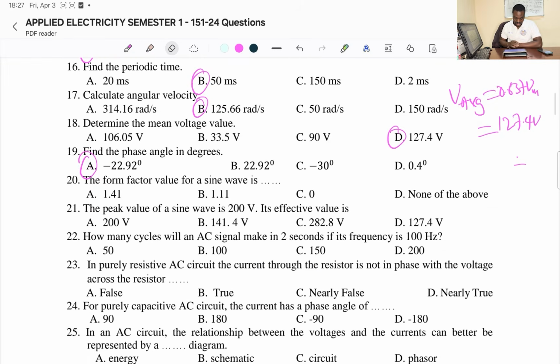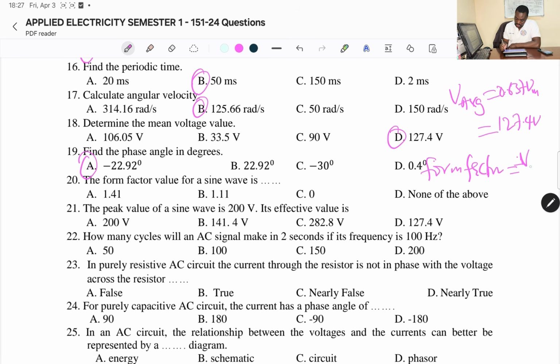Next, question 20. The form factor for a sine wave is, so when it comes to form factor, right? What we do is that form factor is equal to the root mean square value over the average value. So in here, we are thinking in terms of, let's say we are dealing with alternating voltage.